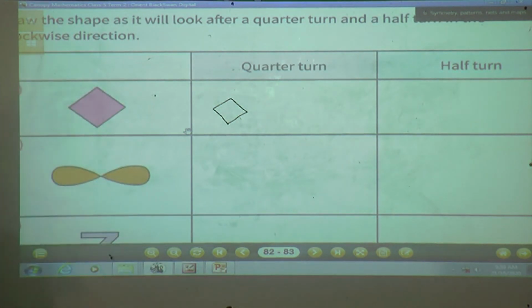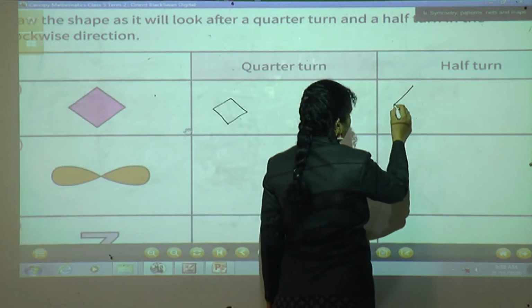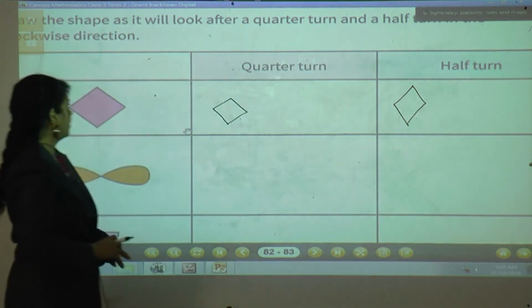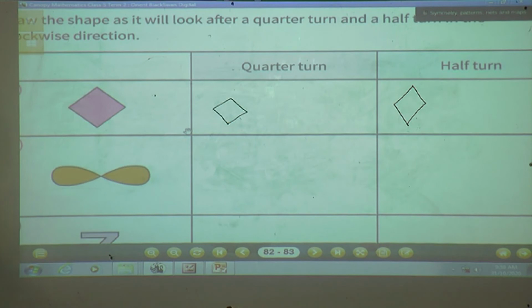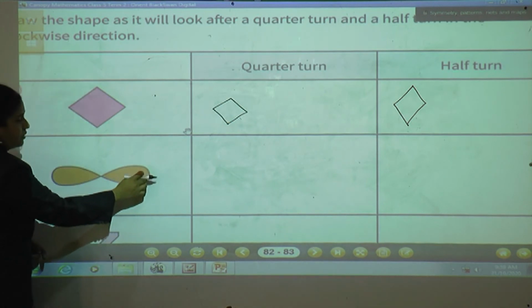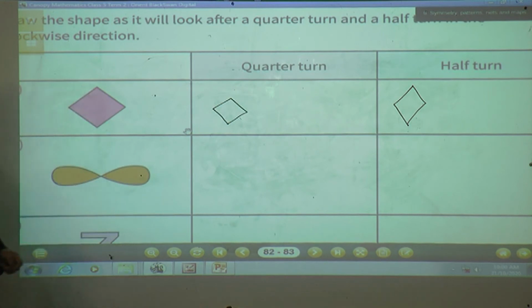Okay, and after a half turn, it will look like this, isn't it? Okay, now here, a quarter turn, that means this dot will come here and this will come here, isn't it?